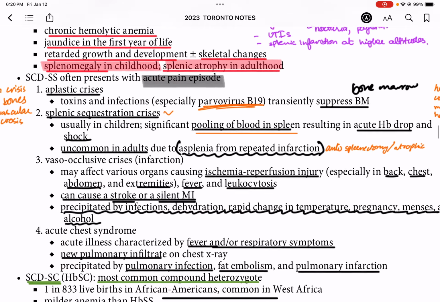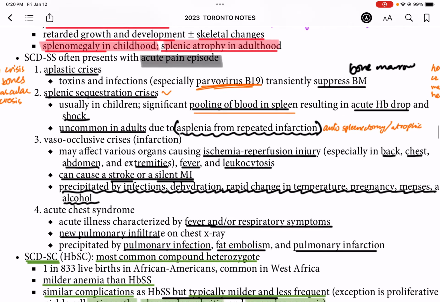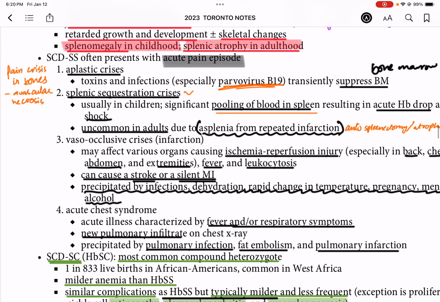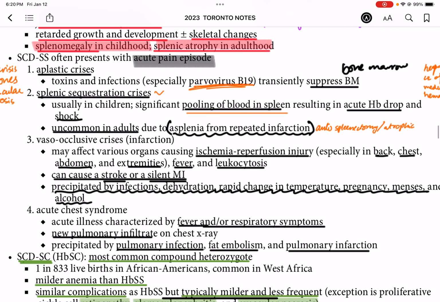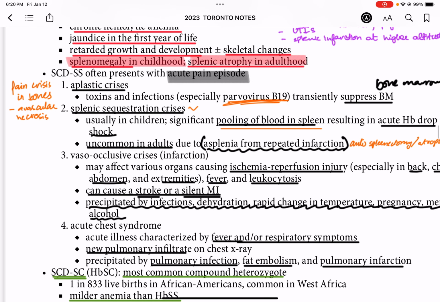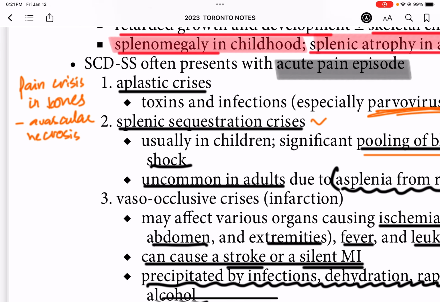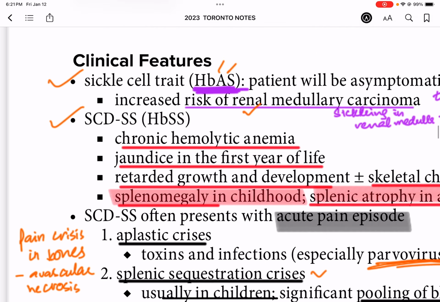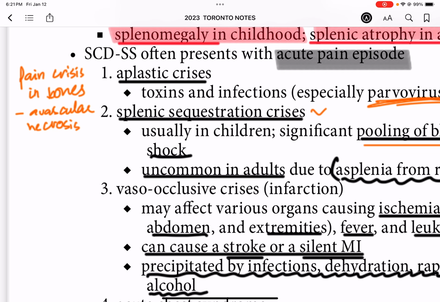Okay, but when there are any infections, any toxins going on, they're going to suppress the bone marrow, right? But that is transient, which is what we call aplastic crisis. But there is pain crisis in bones also, because of avascular necrosis, because of the vaso-occlusion. All of these crises are more or less because of the vaso-occlusive crisis. So because of the vaso-occlusion, there is avascular necrosis in the bones, and then they do have some pain.